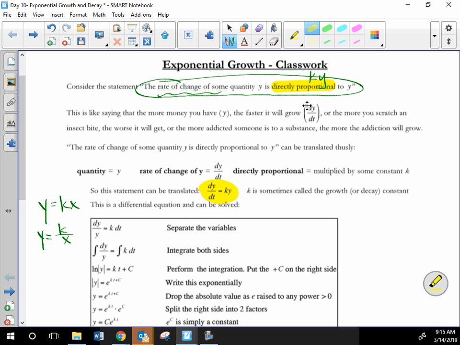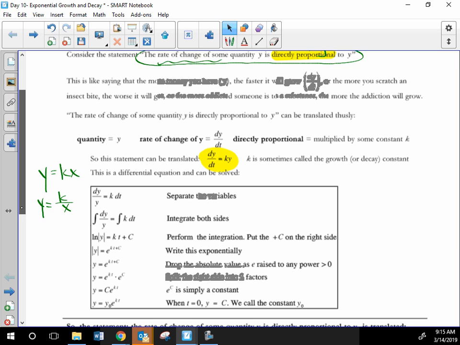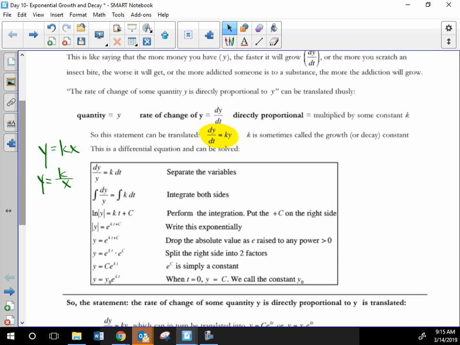So this is a differential equation. We can actually solve this differential equation and find the original equation that gives us this, just like we've done before. And when we do that, they've done the work here for you. So we integrate both sides, right? We have natural log of the absolute value of y equals kt plus c.